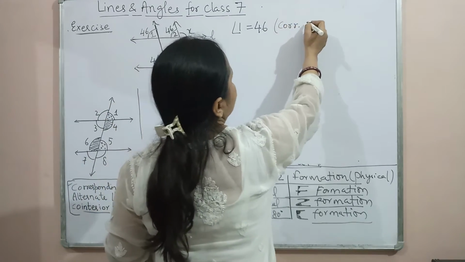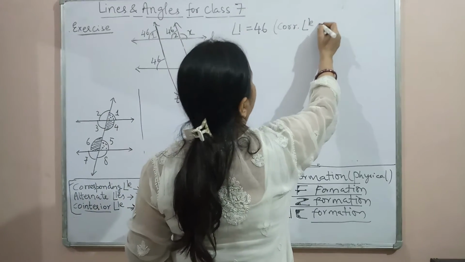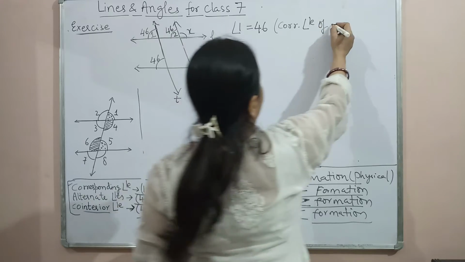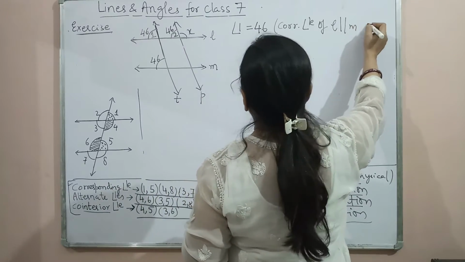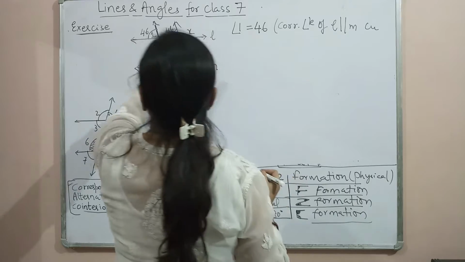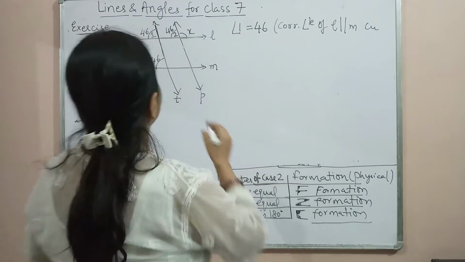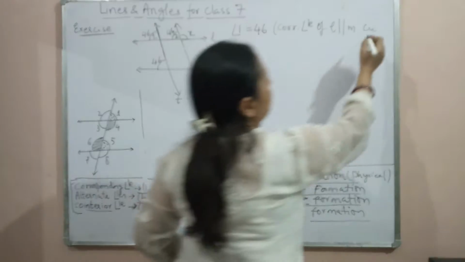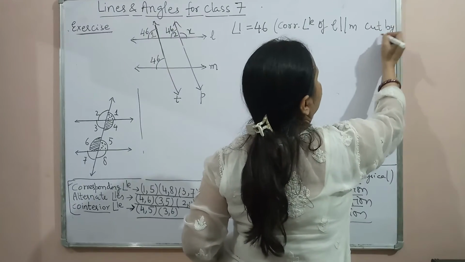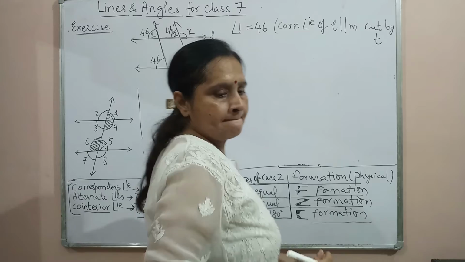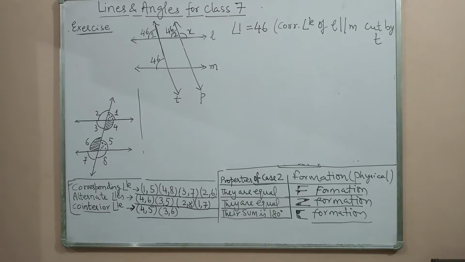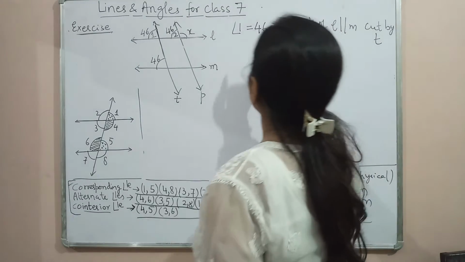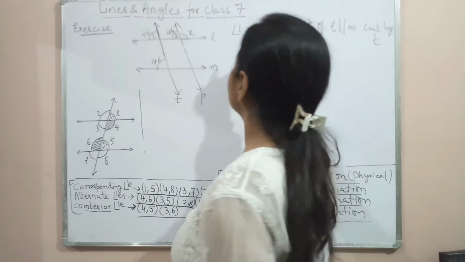We have used corresponding angle of L parallel to M cut by T. So we have found out angle 1 is 46.